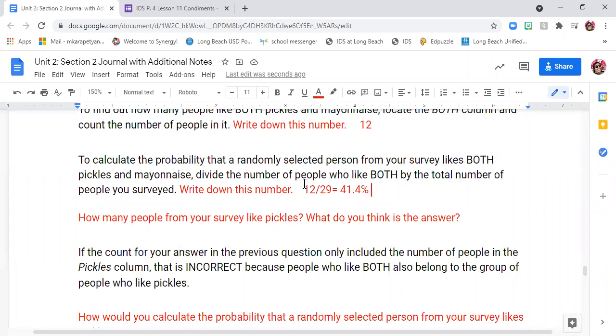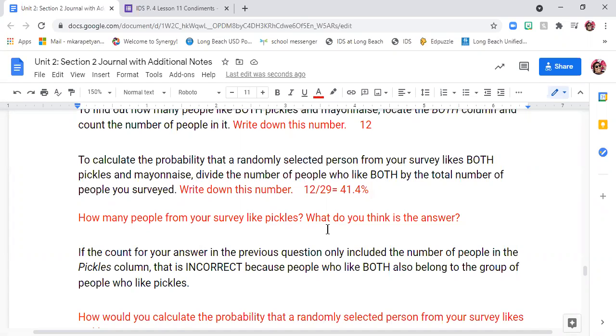Okay. So you have to look at the language, right? It says how many people from your survey like pickles. It doesn't say how many people from your survey like only pickles. If it had said only pickles, then we'd be like, yeah, 3 it is. But pickles in general, we have our only pickles category, but pickles are also included in the both category, right?